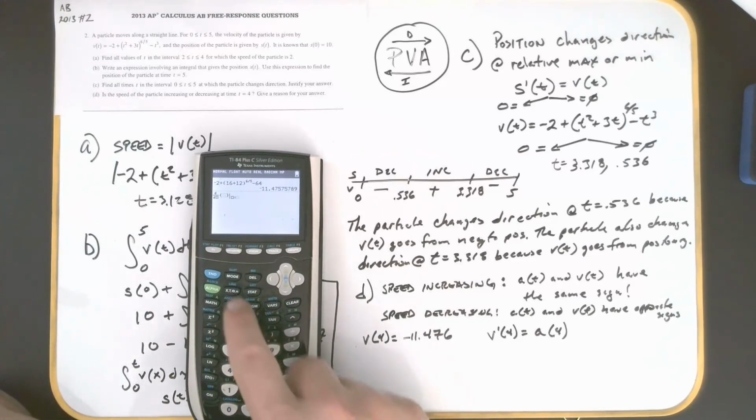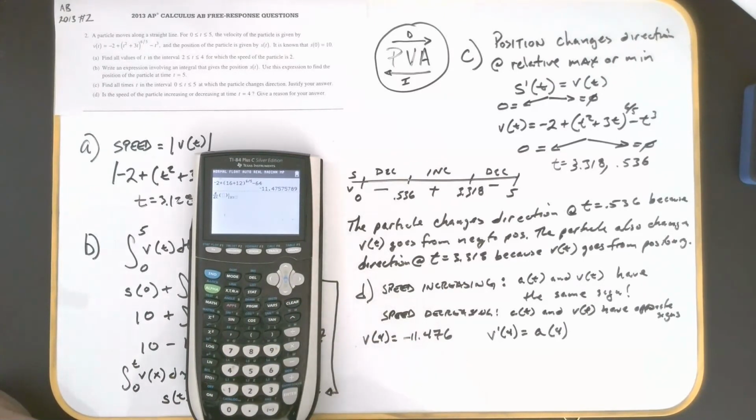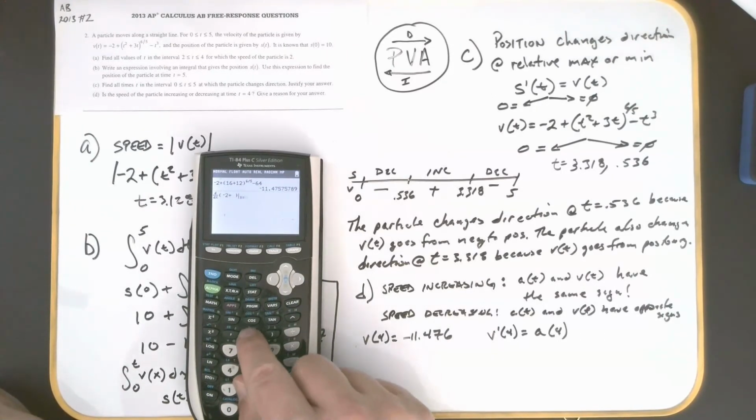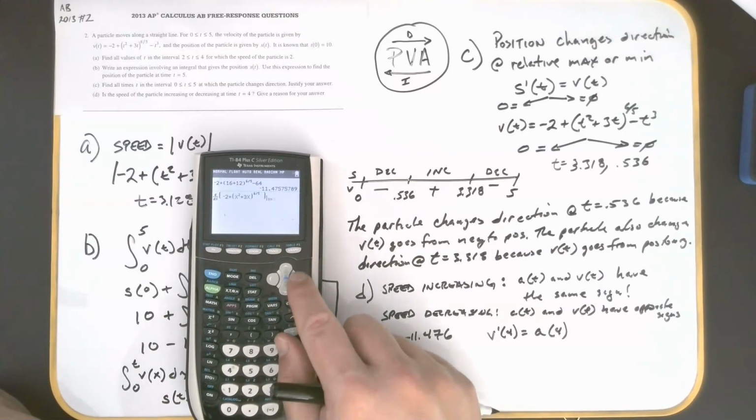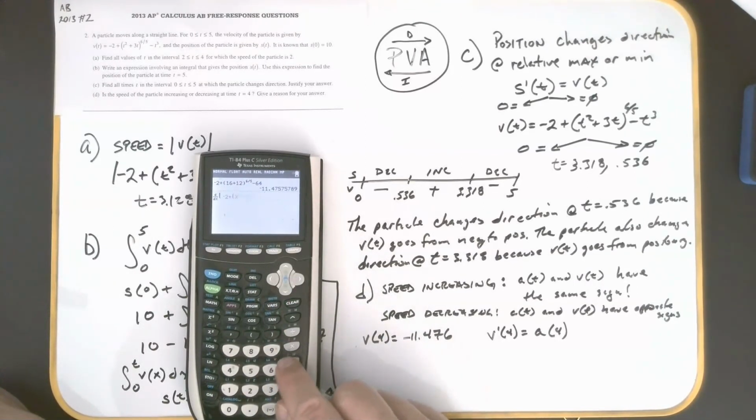and it wants me to take the derivative of the actual velocity function, so I'm going to put that in there, which is negative 2 plus (x squared plus 3x) raised to the 6 divided by 5, minus x cubed.